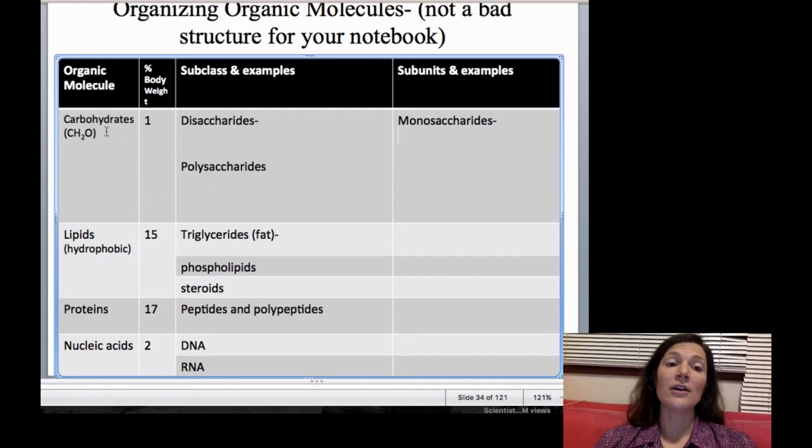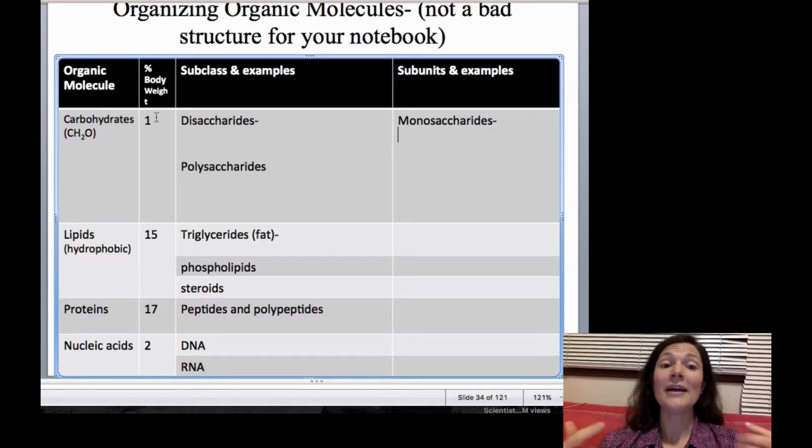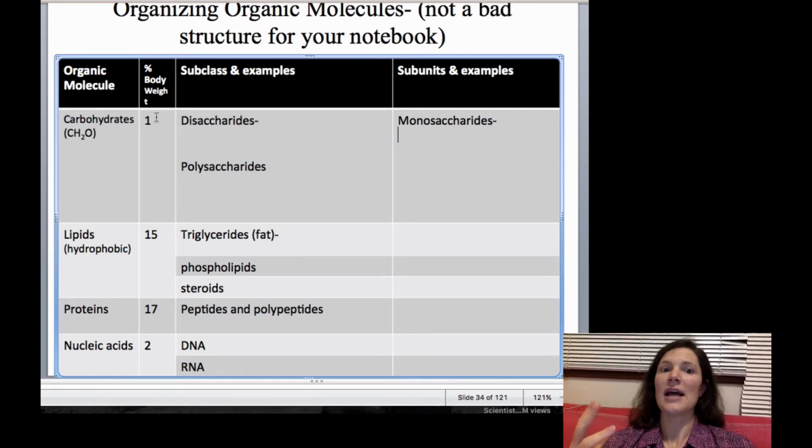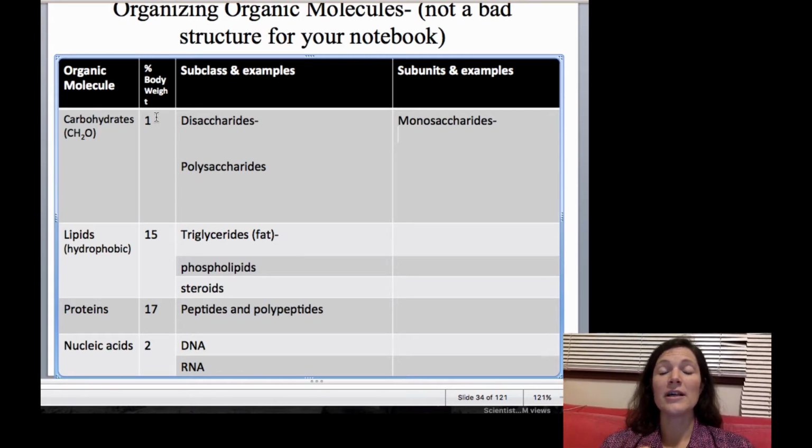But it's really interesting that carbohydrates are not a large percentage of our body weight. They're a short-term energy source, but they also can be used for structure. And this is talking about us. A plant has a really significantly higher amount of carbohydrates.